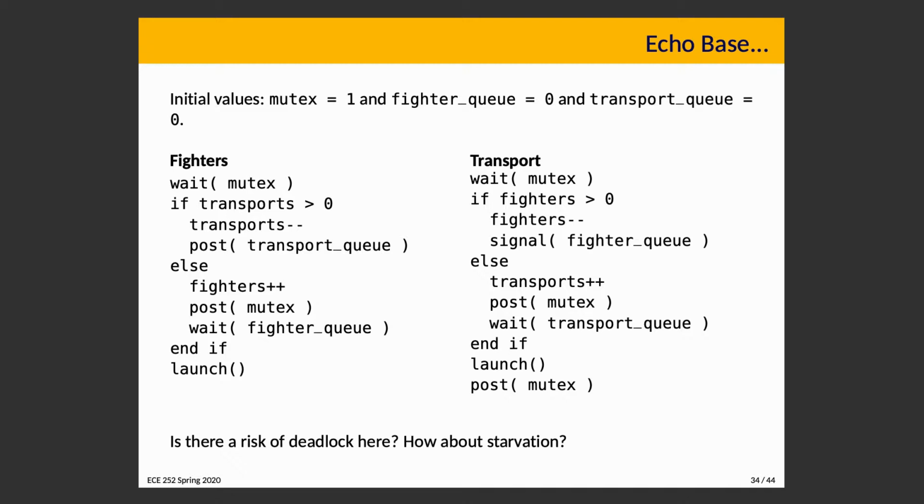Potentially, under the constraints of the problem, if there are way more transports than there are fighters, then transports can't launch because we've run out of fighters. But I said, in the assumptions about this problem, that that's not a thing. So there will be sufficient of each so that nobody gets left behind. And as long as that assumption is true, then we will be okay. Everyone will meet up with one another, and they will eventually launch.